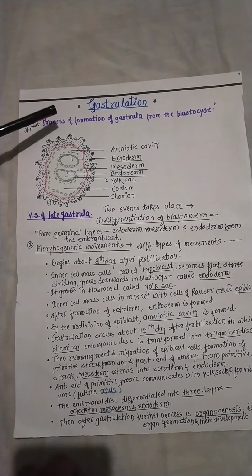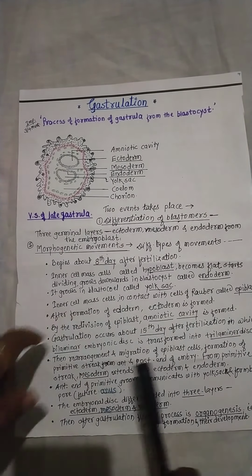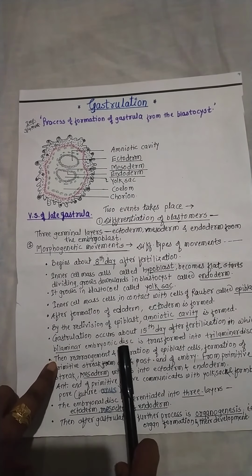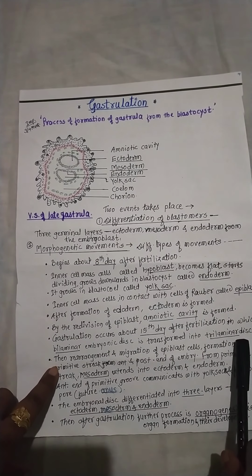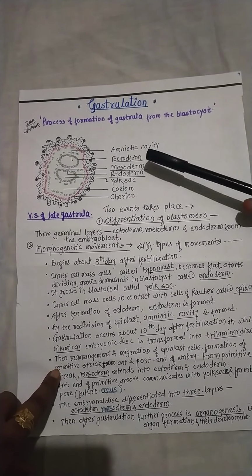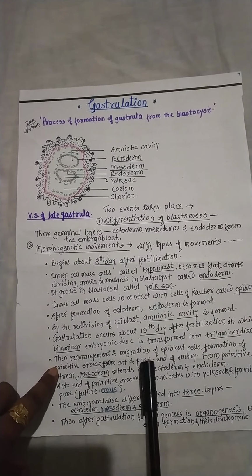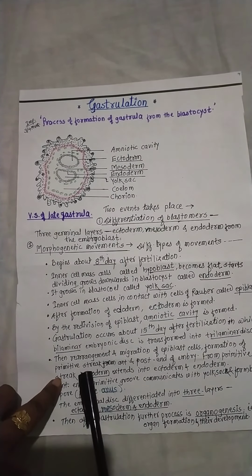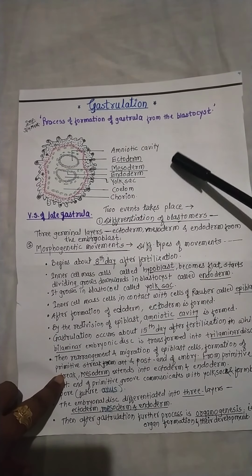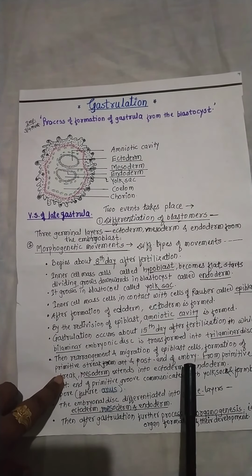Then gastrulation completes at about the 15th day after fertilization, in which the bilaminar embryonic disc is transformed into a trilaminar disc. That means three germinal layers are formed: ectoderm, mesoderm and endoderm. Then there is rearrangement and migration of epiblastic cells, and formation of the primitive streak. That means a streak-like band structure forms from the anterior and posterior end of the embryo.